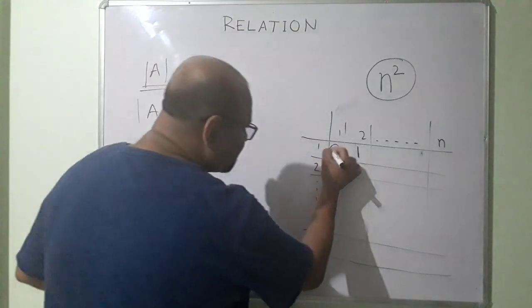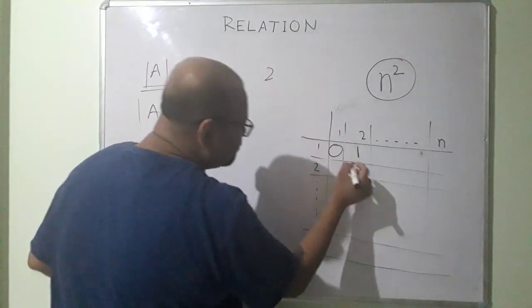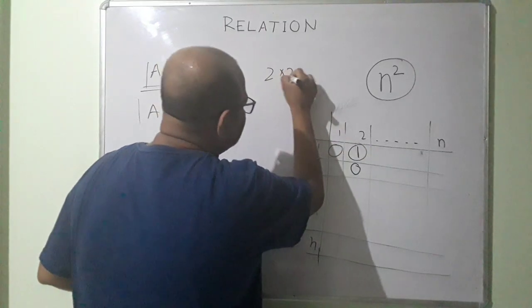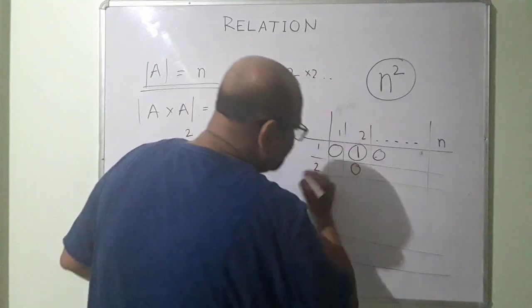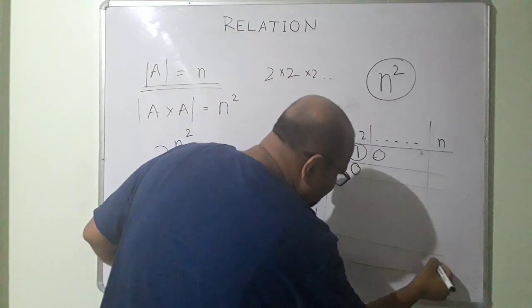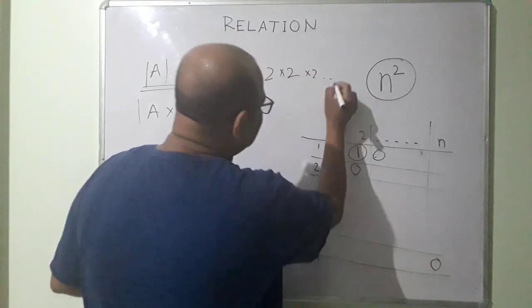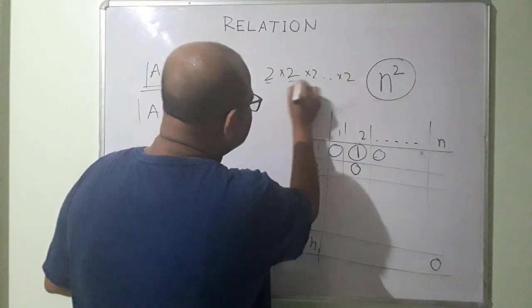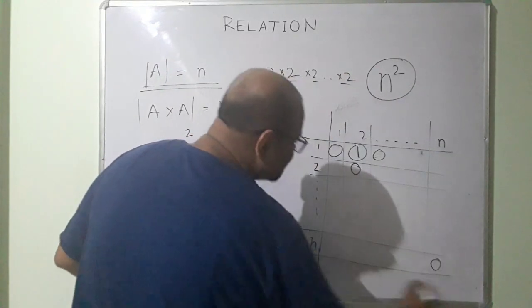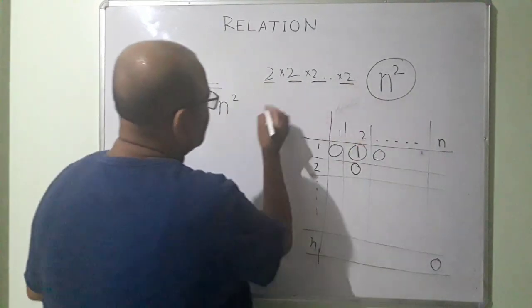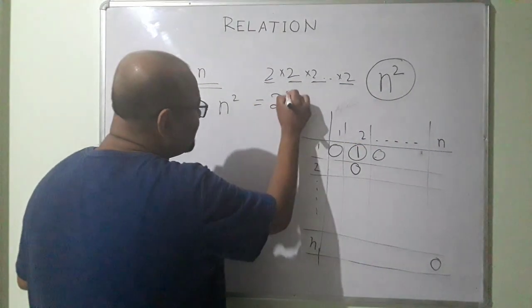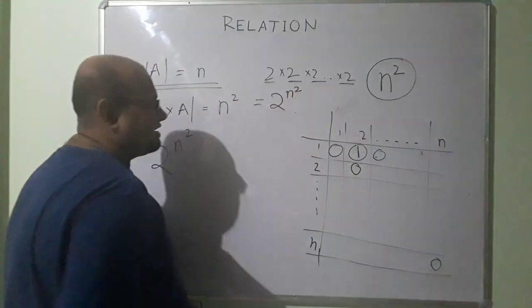So I will have two choices for this cell, into two choices for this cell, into two choices for the next cell, and so on. How many cells are there? For each of them I will go on having two choices, up to how many of these are there? There are a total of n square. So I am multiplying 2, n square number of times. So I have 2 to the power n square.